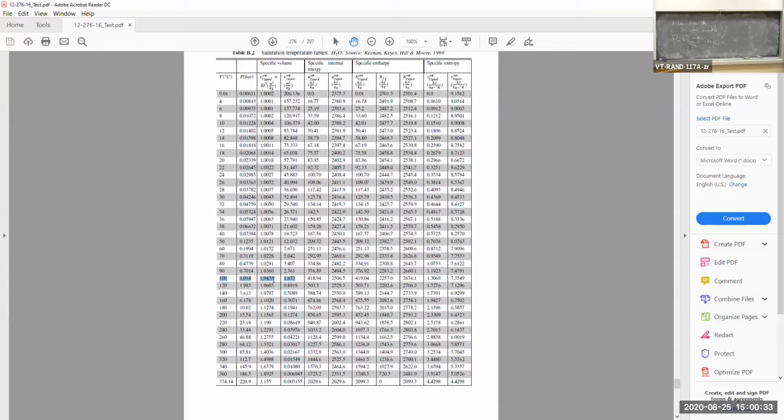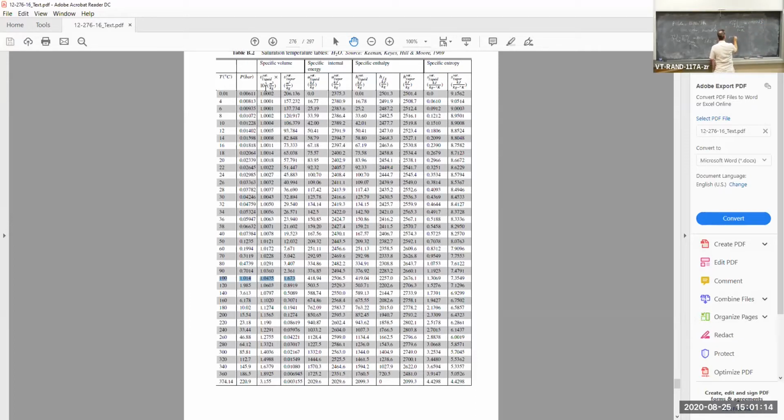Specific volume for the saturated liquid is 1.0435 times 10 to the minus 3, evaluated at a temperature of 100 degrees C. By the way, that's also equal to a pressure of 1 atm. 1.0435 times 10 to the minus 3, and that has units of cubic meters per kilogram, okay?